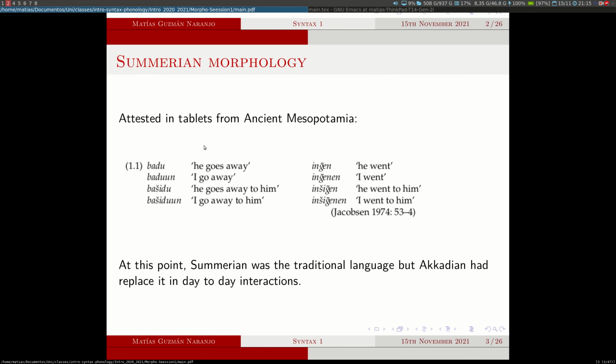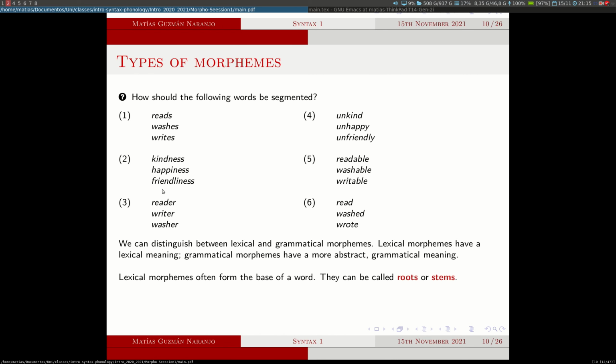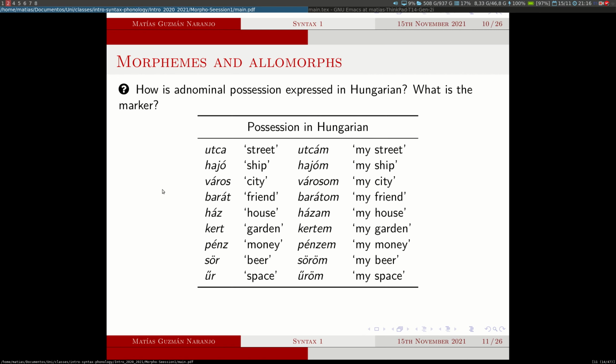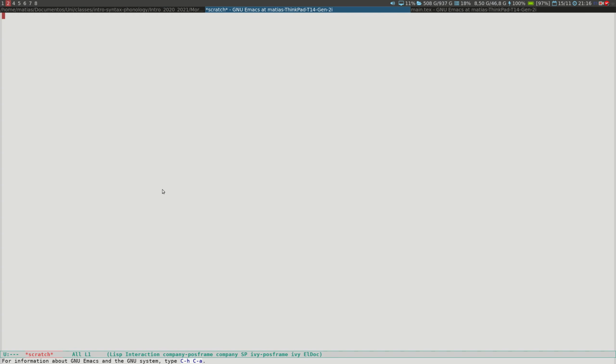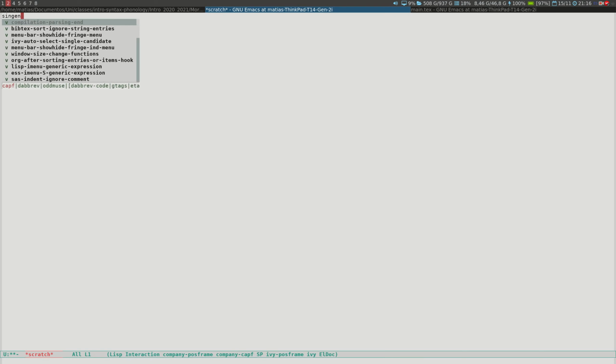And if they are in the middle, like in Akkadian, here the -ta-, they are infixes. All those are types of affixes. There's also circumfixes. I'm sorry I didn't write an example. I can do it quickly. So in German, you have things like singen.